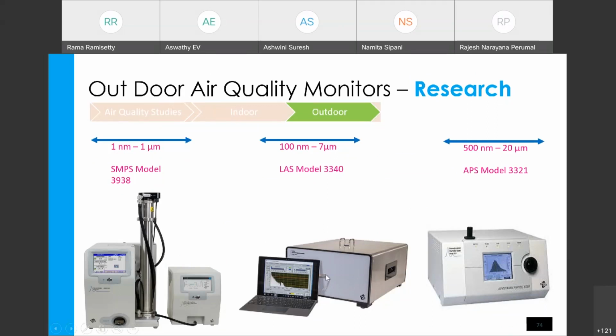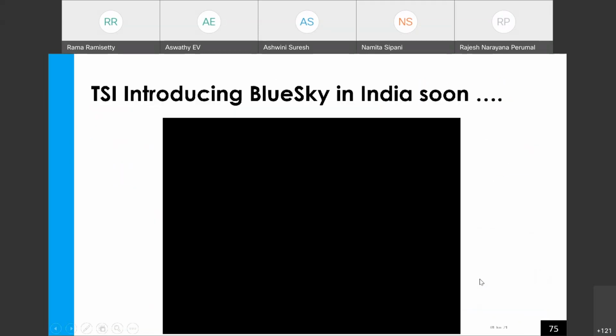But with very fine technology, we are able to measure even 100 nanometer nanoparticles. We have an instrument called the laser aerosol spectrometer, and the aerodynamic particle sizer, which I explained already, can measure from 500 nanometers up to 20 micron. All these are research grade equipment.